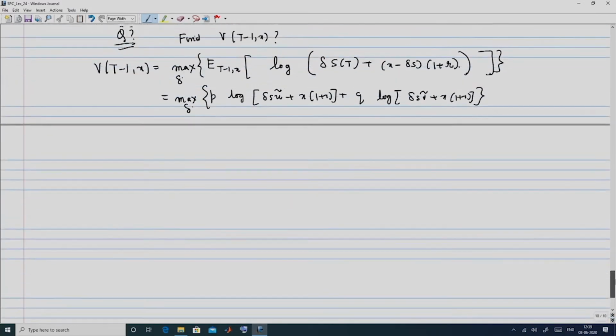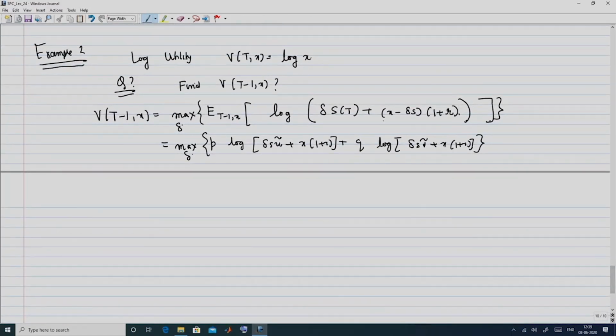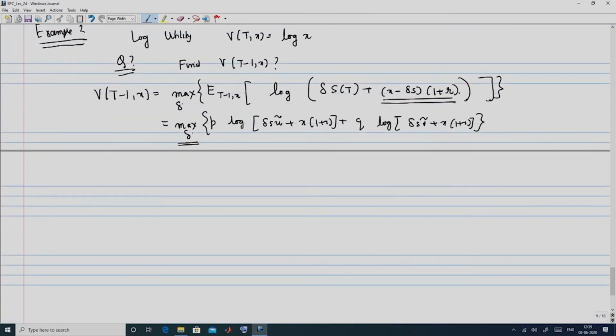Again, as you observe, we have taken care of the self financing condition, and this turns out to be nothing but the maximization of a function of a single variable, namely delta.